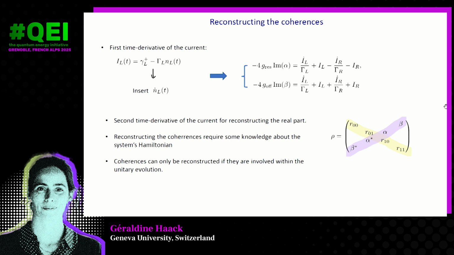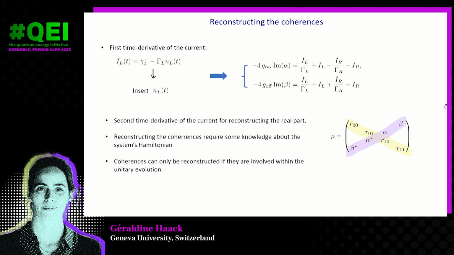If I want to access the other parts of the density matrix, do I go to higher derivatives? Thanks for the question, because it's something I wrote, but I did not say. This technique allows you to reconstruct the elements which are involved in the dynamics.